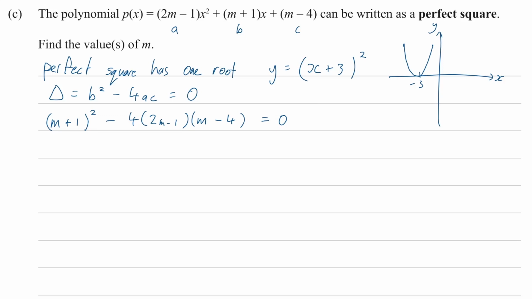So with that in mind, let's expand, simplify, group like terms, and try solve for m. So expanding the first term gives us, well, I'll just write it out in full, so I don't make any mistakes. So I just wrote m plus 1 twice because we're squaring it. 4 times 2m times m, 2m squared, 2m times minus 4, minus 8m, minus 1 times m, minus 1m, minus 1 times minus 4 plus 4 equals 0.